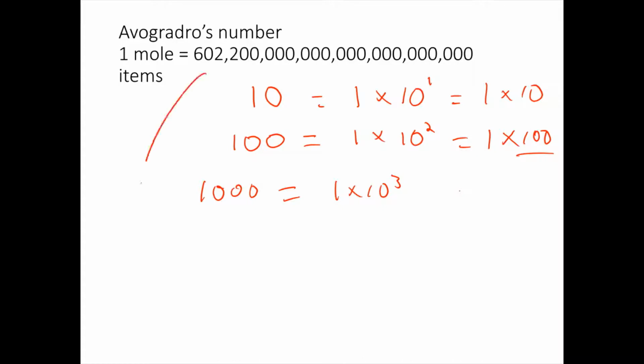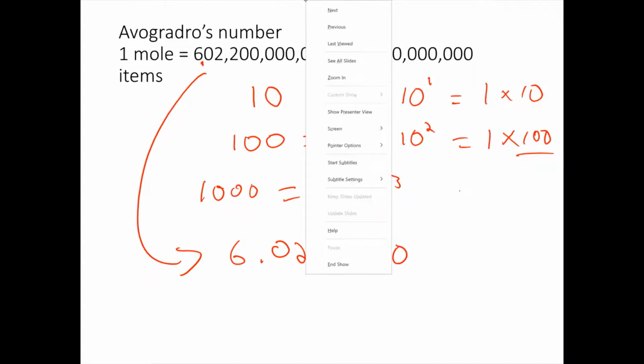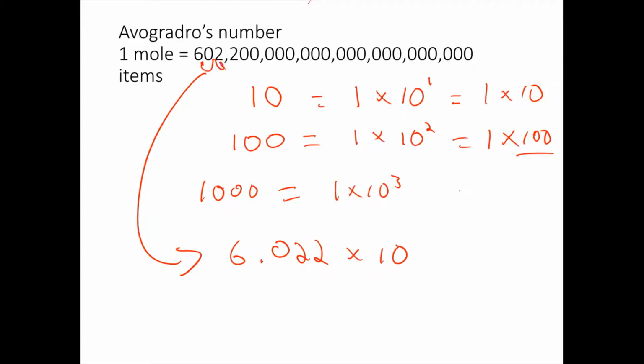The mole, this number, can be boiled down to 6.022 times 10 to the power of. And I would start here and jump this many times. 1, 2, 3, 4, 5, 6, 7, 8, 9, 10, 11, 12, 13, 14, 15, 16, 17, 18, 19, 20, 21, 22, 23.